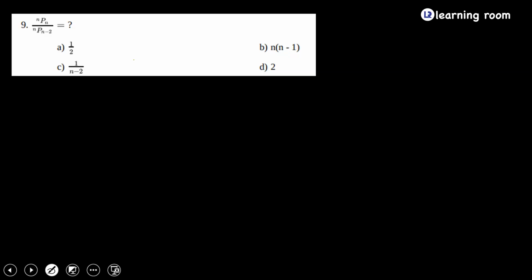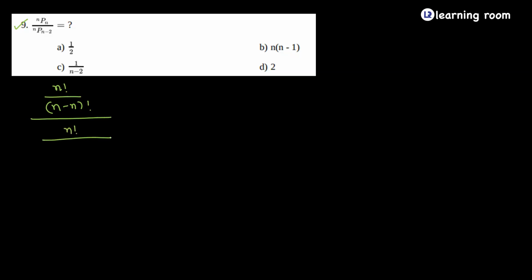Listen to this. So the 9th question is nPn divided by nP(n minus 2) is equal to what? So nPr is n factorial divided by (n minus r) factorial. Here r is also n only, divided by n factorial divided by (n minus r) factorial.